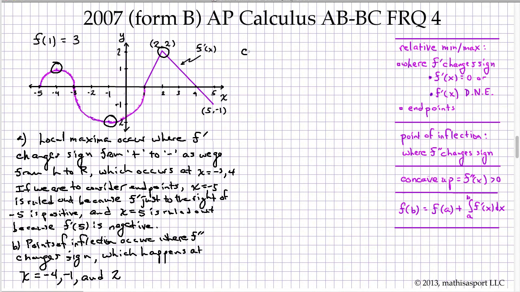Part C wants to know where the graph is both the graph of f, again, not the graph shown, where f is both concave up and has positive slope. So concave up is the same as f double prime being greater than 0.